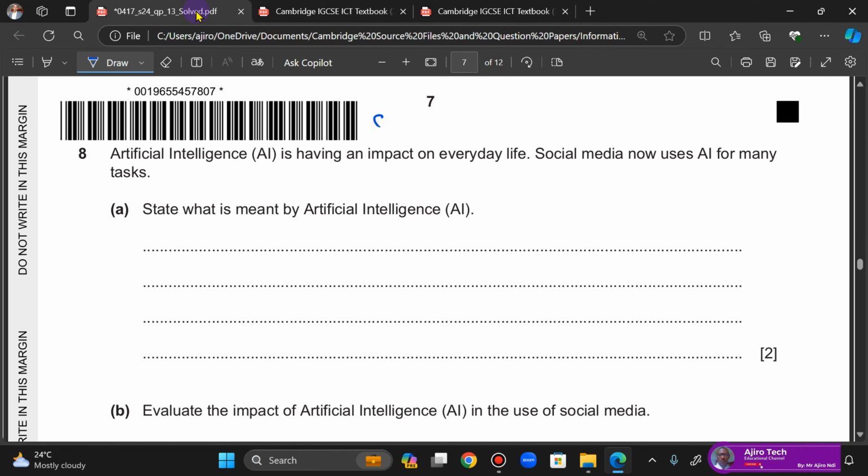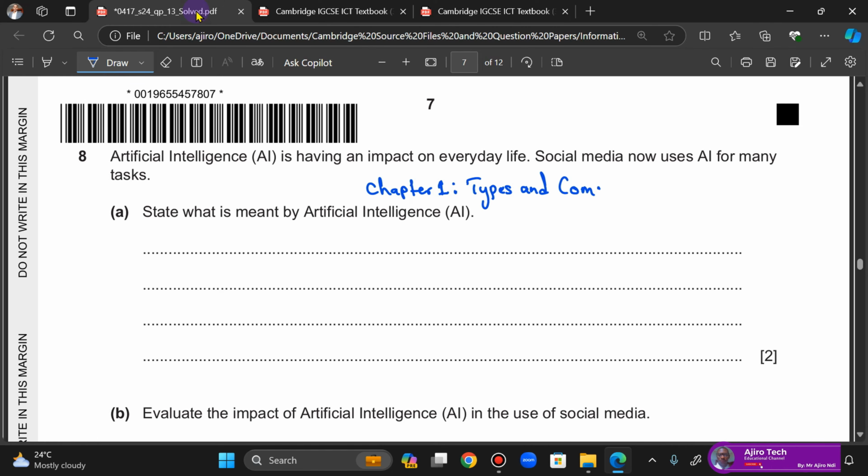Now, you see this in chapter 1, which is types and components of computer systems.